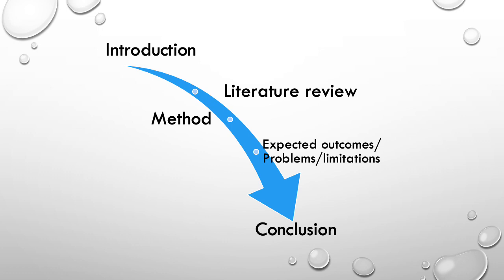Okay? Now, these steps are not fixed. You can always go back and forward between the steps so that writing and preparing the research proposal can be a cyclic process.